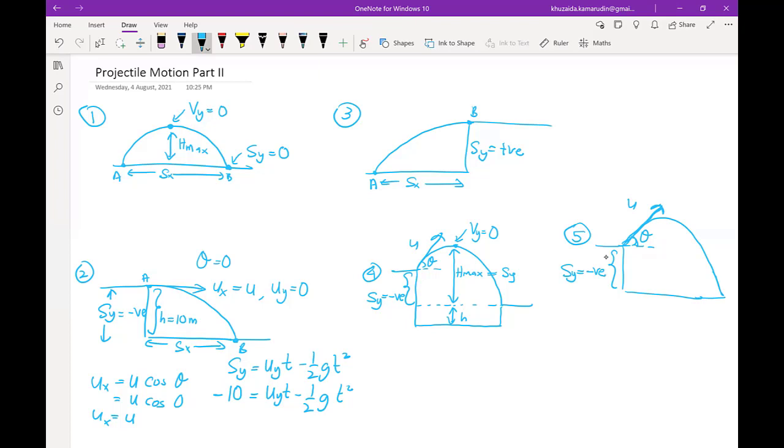Kenapa negatif? Sebab dia jatuh ke bawah. Starting point is above the end point. Right? And again, your SX ataupun your range will be here. Okay? Alright, so saya rasa itu sahaja untuk this one.